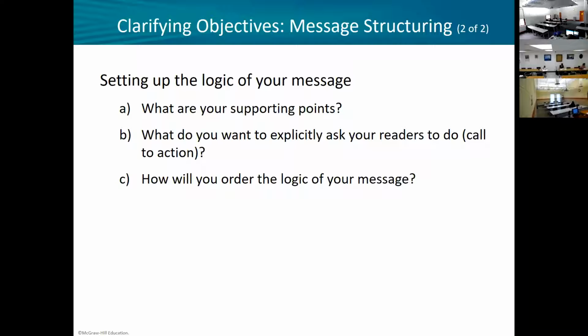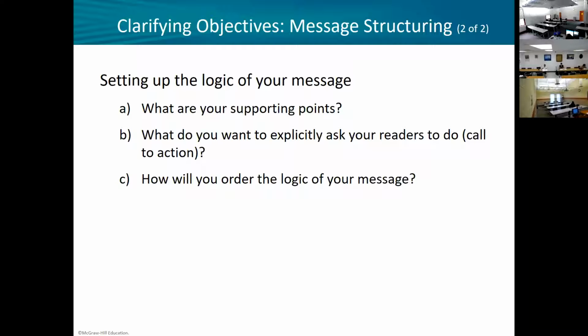Then set up the logic, okay? What supports what you're trying to do? What facts do you have supporting that? And what is it you're asking readers to do? Okay, I've gotten many, many messages from students that say, I don't know how to do the homework.